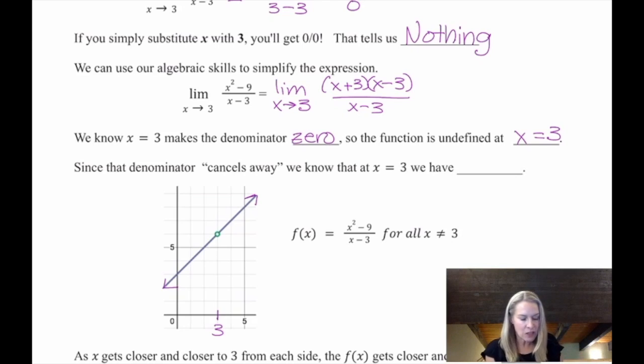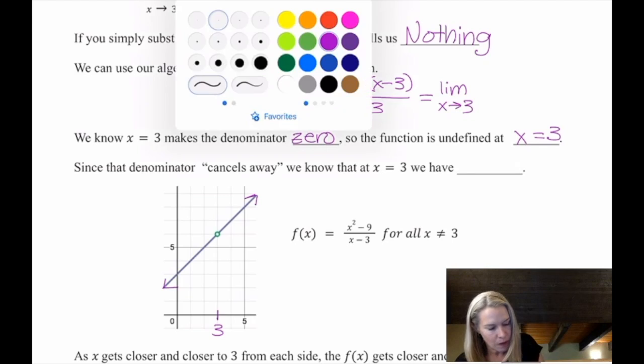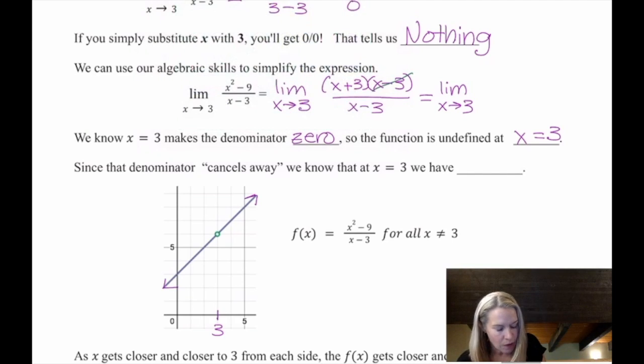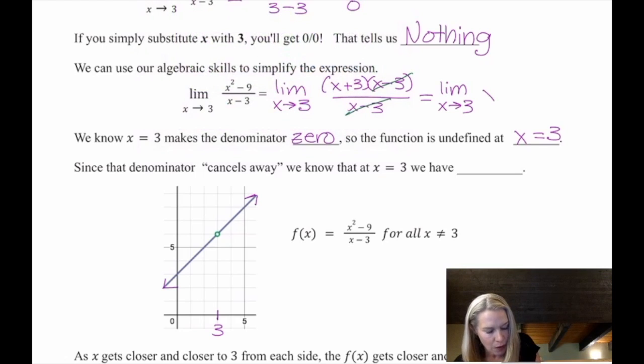But since the denominator cancels away, meaning since we can take the x minus 3 over x minus 3 and consider that equal to 1, this limit is equivalent to, and I'll just show sort of canceling that away, this limit is equivalent to x plus 3.